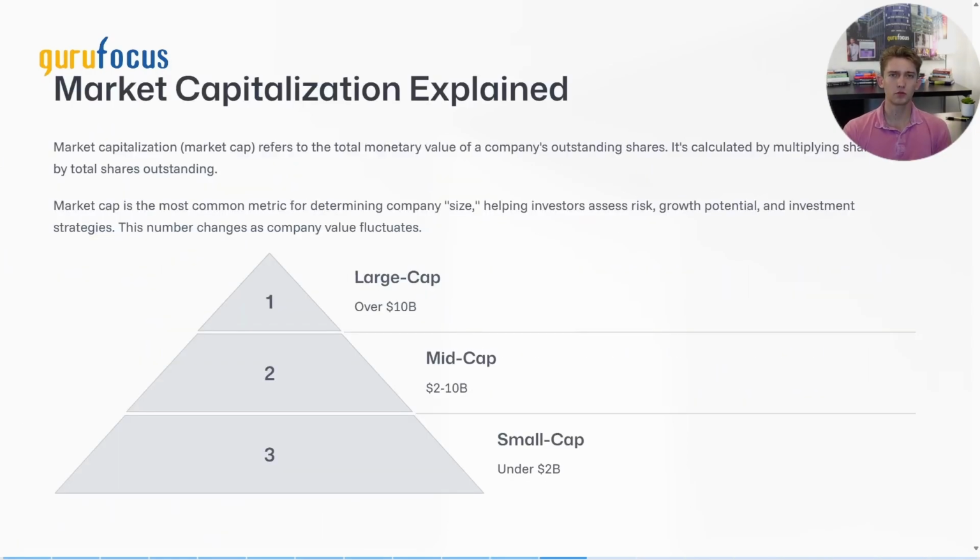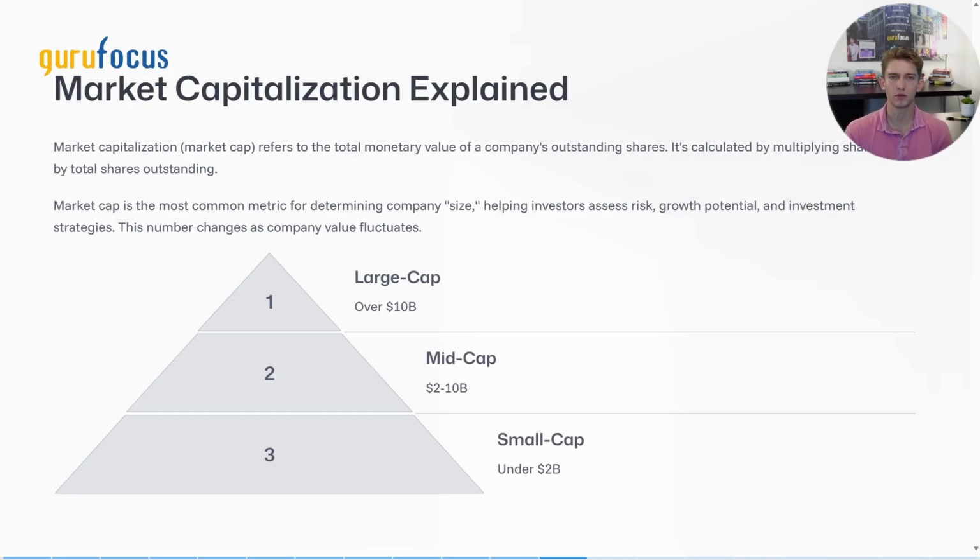So first, one of the most straightforward and common ways to classify different stocks is with something called market capitalization, also called market cap. Market cap refers to the total monetary value of a company's outstanding shares, meaning the dollar value of all of their shares combined.